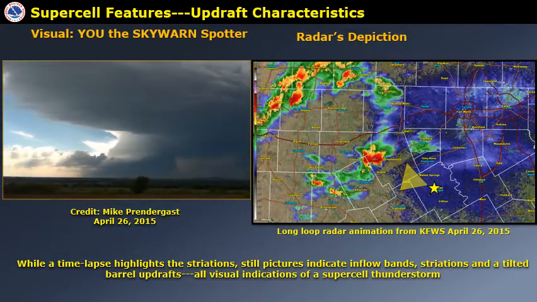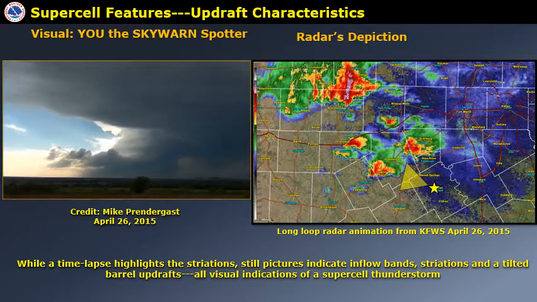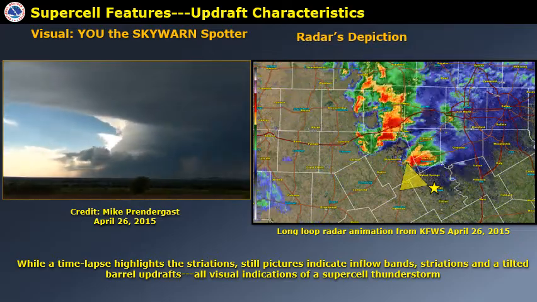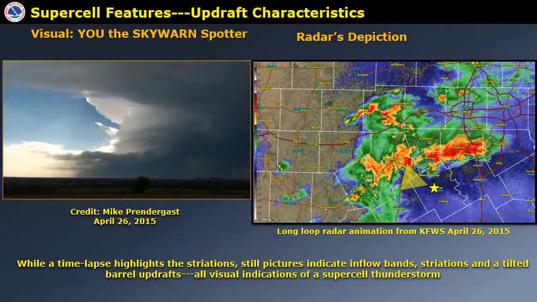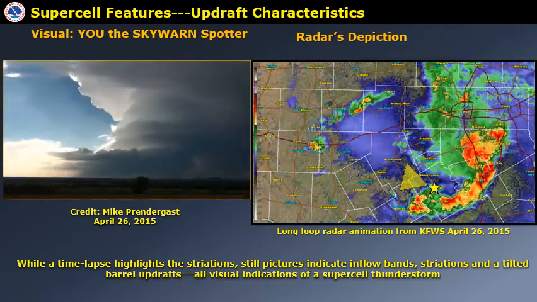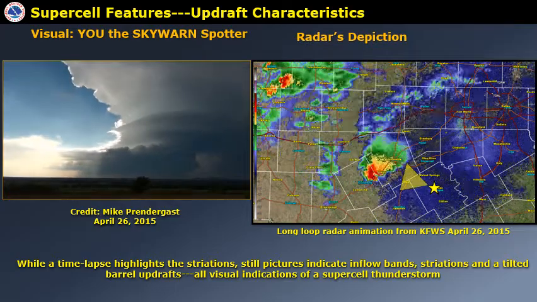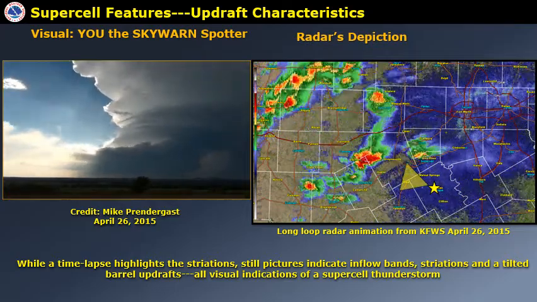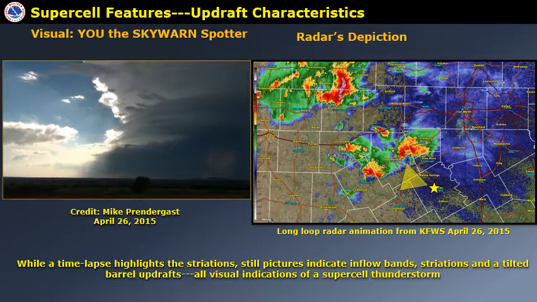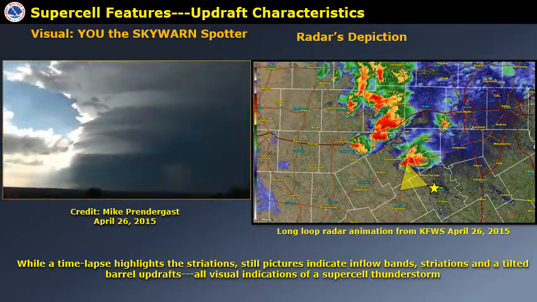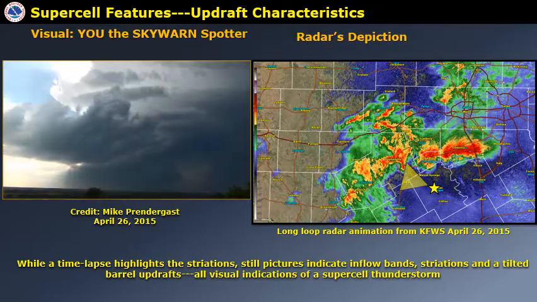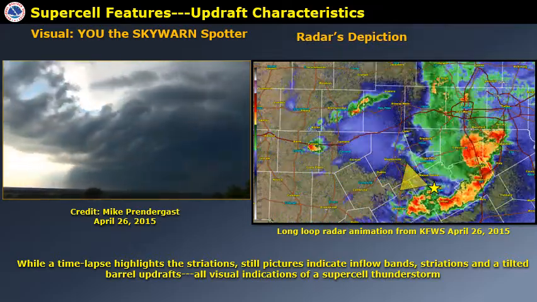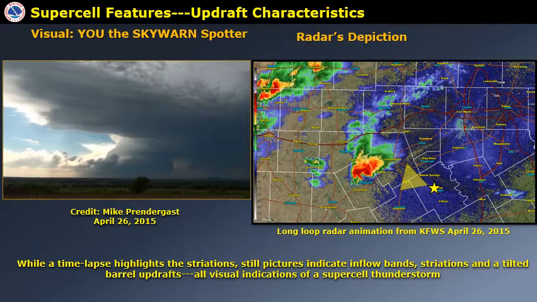Let's bring it back to pairing some things we talked about in the basic SKYWARN presentation. Striations are a great way to visually identify a supercell. Now here's a time lapse here on the left with a long radar animation from the Fort Worth Sphinx radar paired together to see the storm structure visually as well as from a radar standpoint.